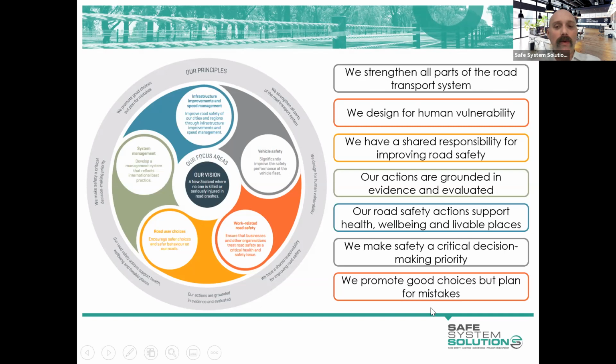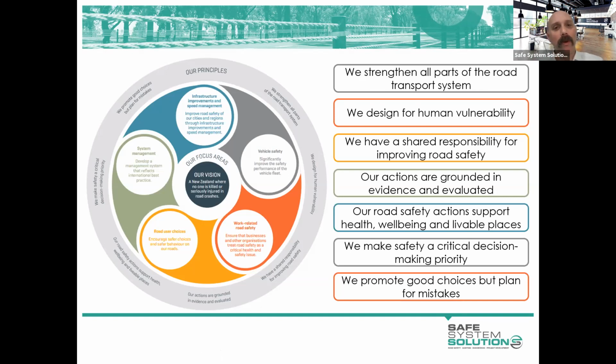The one that we really need to focus on in our matrix part of the system is this. So promote good choices, but plan for mistakes. And I really do like the way that you New Zealanders have phrased that, because we want to address the likelihood of a crash and try to absolutely minimize that through all the levers that we have of infrastructure and vehicles and people and culture and the like.